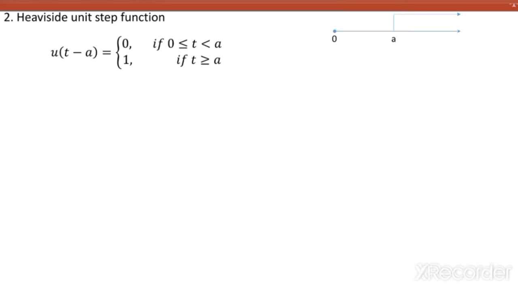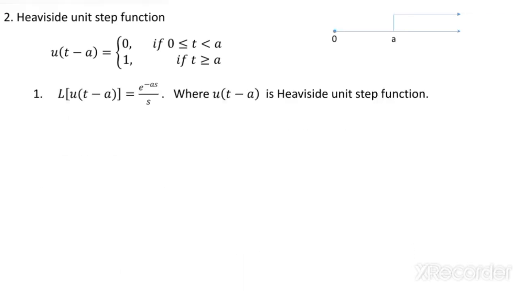For unit step function, we can obtain the Laplace transform just by applying the definition. L of u of t minus a is what? You integrate the given function by multiplying e power minus st and integrating between the limits 0 to infinity, but 0 to a it is 0, so a to infinity it is 1. So I just integrate e power minus st into 1 between the limits a to infinity. If I integrate, I get the Laplace transform of u of t minus a as e power minus as by s.